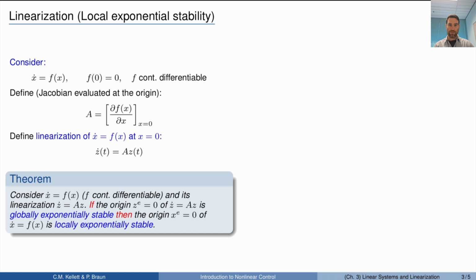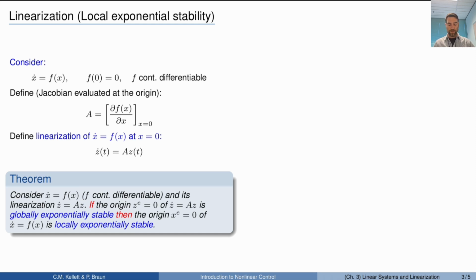And in this case, the following theorem can be stated. Namely, if we consider our nonlinear system, under the assumption f continuously differentiable, and if we then look at the corresponding linearization, z dot is equal to Az, then the following relationship between the stability of the linear system and the nonlinear system holds.